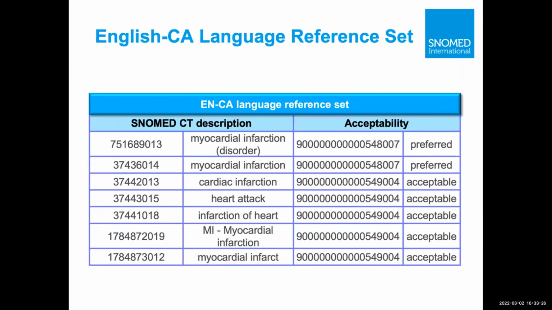To distinguish the descriptions that are preferred for each concept from the other acceptable descriptions, a language reference set uses an additional column called acceptability, whose value is set to either preferred or acceptable. This means that different languages, different dialects, and even different clinical specialities can use their own preferred terms while still referring to the same clinical concept.